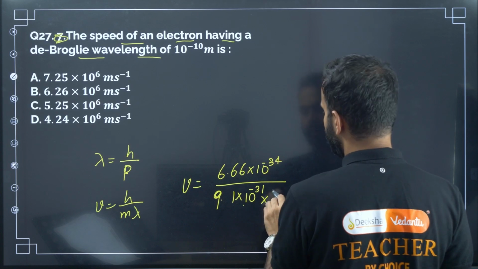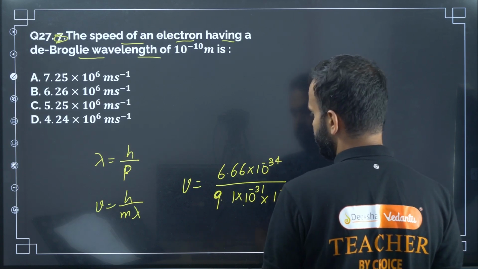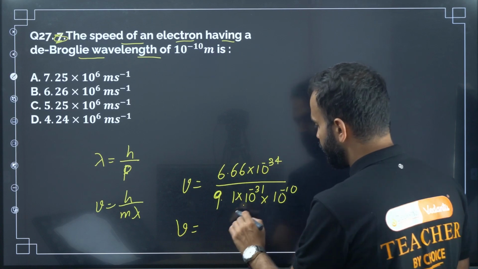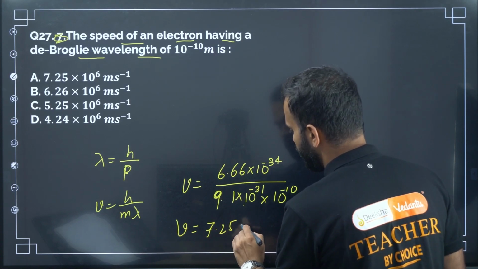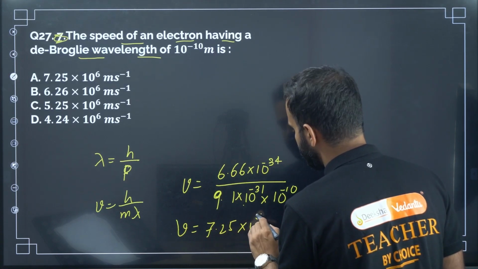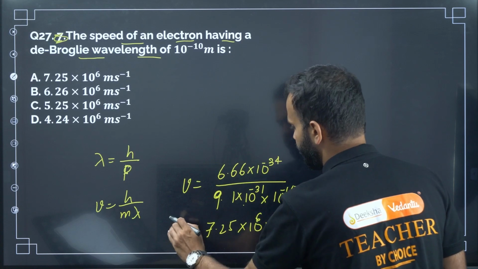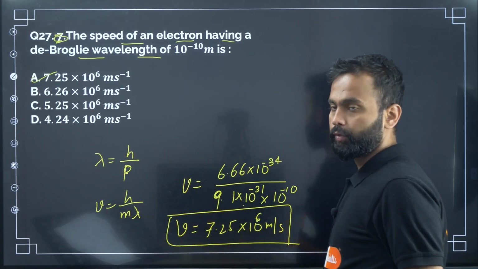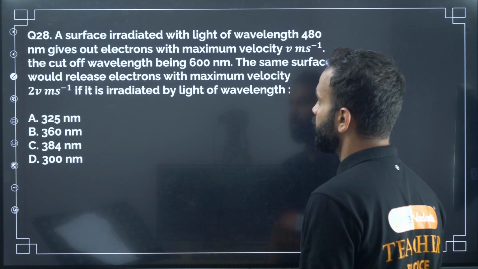Lambda is 10 to the power minus 10. So now solve this, you will get 7.25 into 10 to the power 6 meter per second. So the correct option is A. Next question, question number 28.